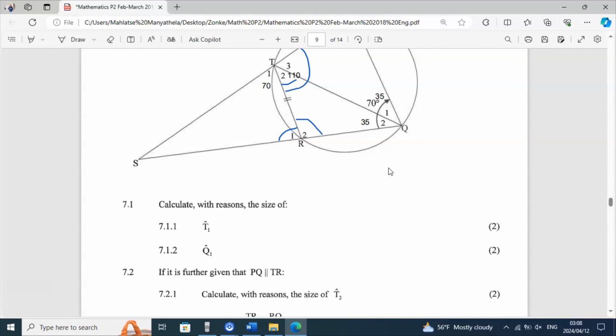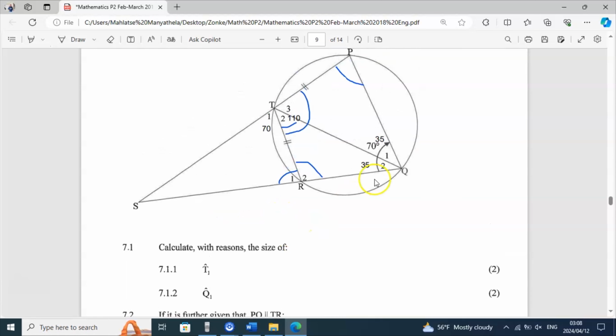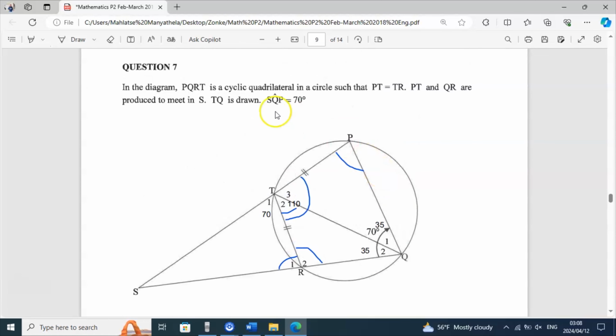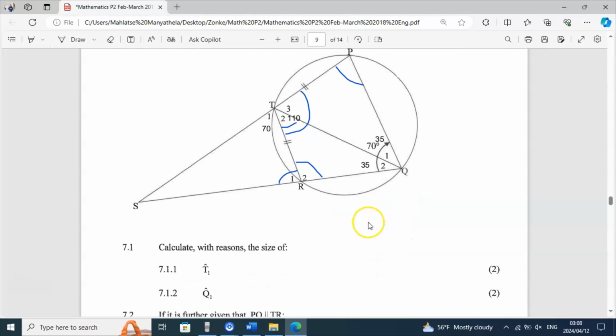The question says, calculate with reasons the size of angle T1. Angle T1 is equal to angle SQP, and the exterior angle of a cyclic quadrilateral will be your reason.